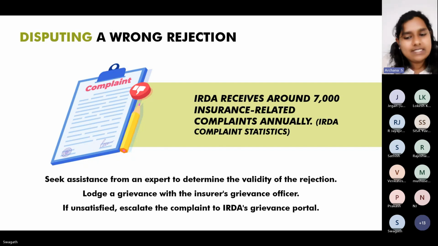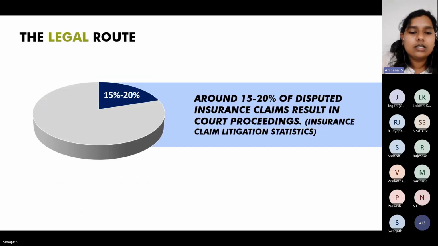This is basically a forum for insurance, where you can apply online and file a grievance, and they make a judgment based on all the information they get from you and from the insurance company. The last point is the legal route. When all goes wrong and you still think it is wrong for this particular claim to get rejected, you still have one other route, that is the legal route.